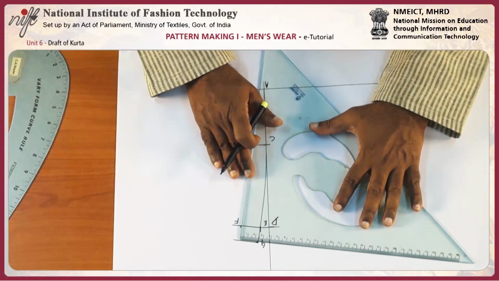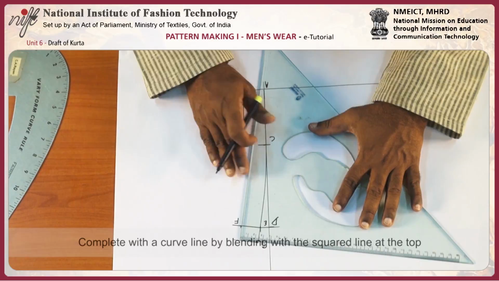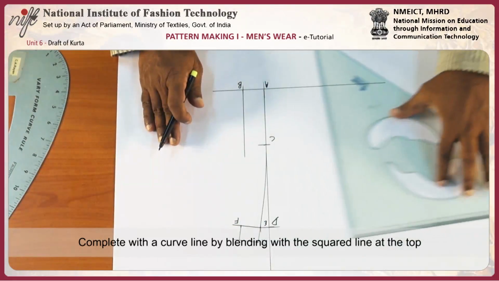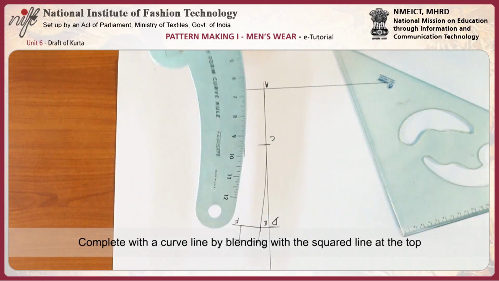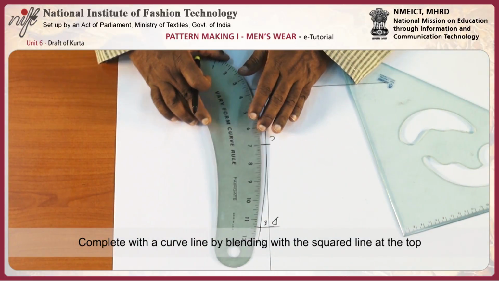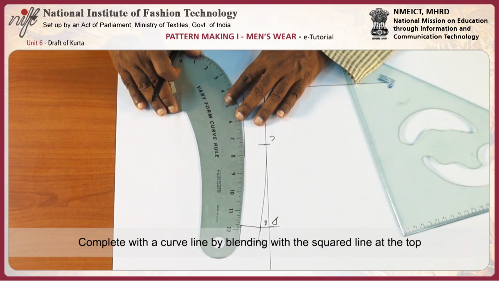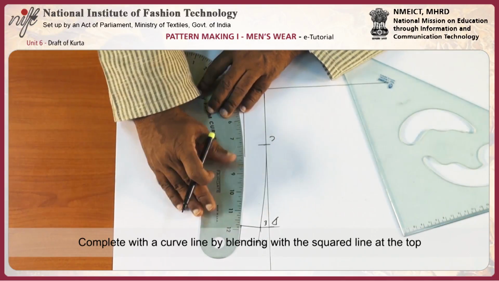Then take a right angle to the point F. Then complete with the curve line by blending to the squared line in the top.